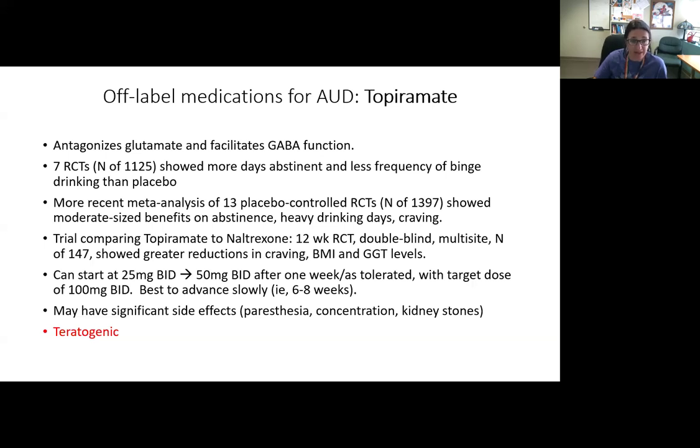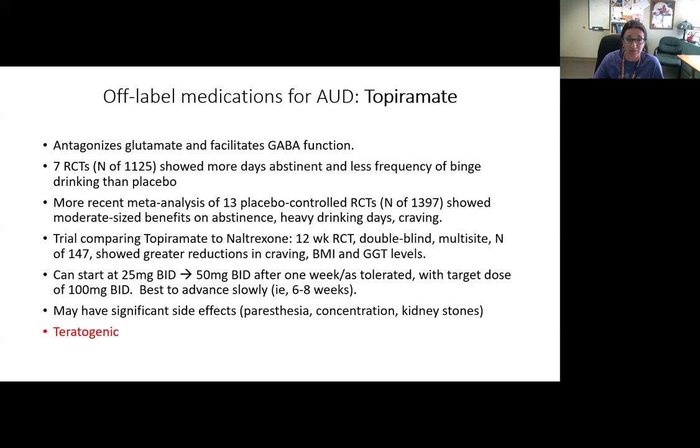good evidence of effect. The thing about topiramate is that to get to that goal dose, unlike naltrexone, where we basically give people the goal dose of 50 milligrams a day, maybe the first few days starting with half a tab just so that they can tolerate it and not get nauseated or GI effects, with topiramate we have to go a lot slower. It can take several weeks to get to the target dose of 100 milligrams twice a day.